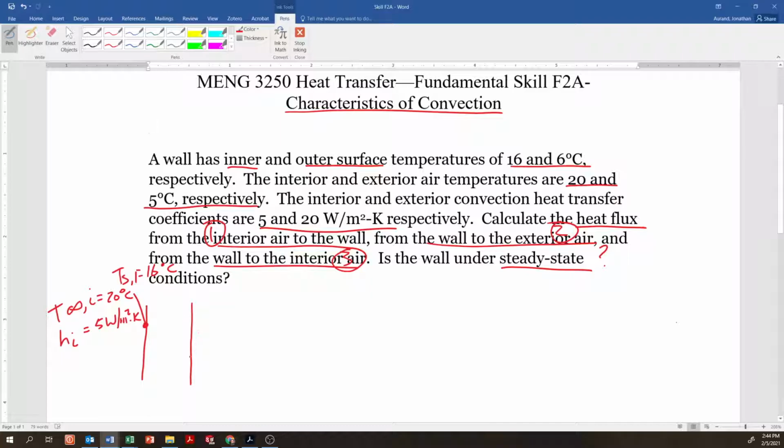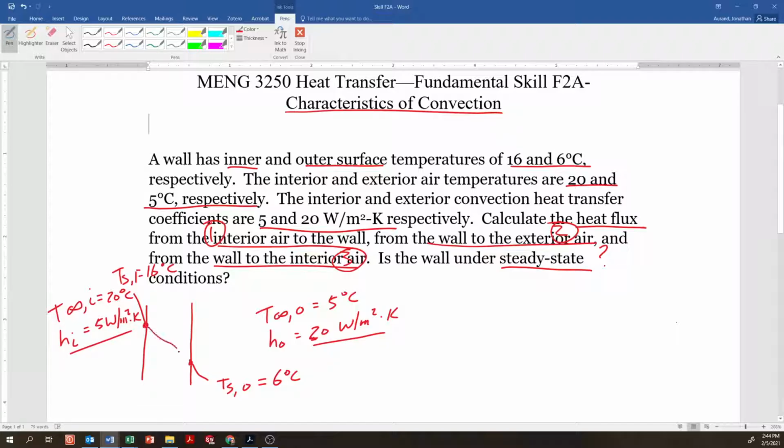On the other side, something lower, we get TSO, or TS2, depending on what you want to call it, is 6 degrees C. T infinity O is 5 degrees C, and HO is 20 watts per meter squared Kelvin. So maybe the wind's blowing pretty hard or something, it's quite a bit higher out here than it was inside.